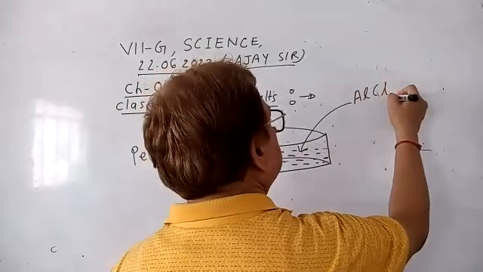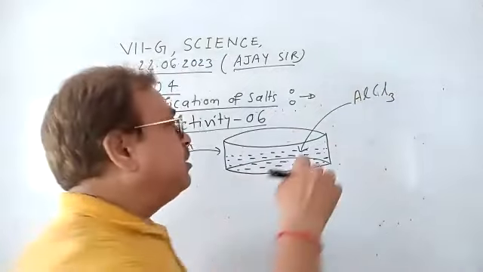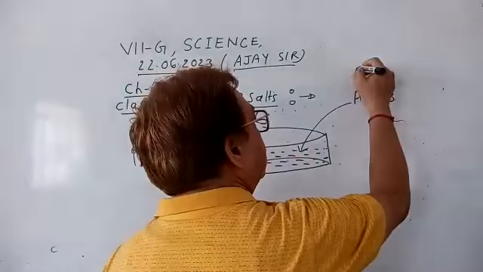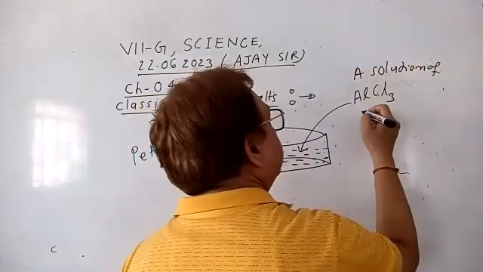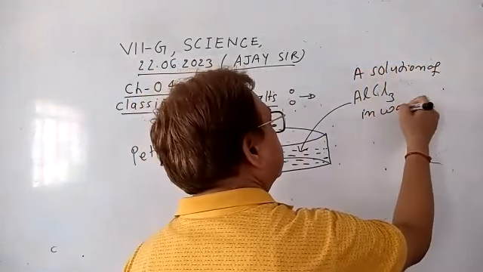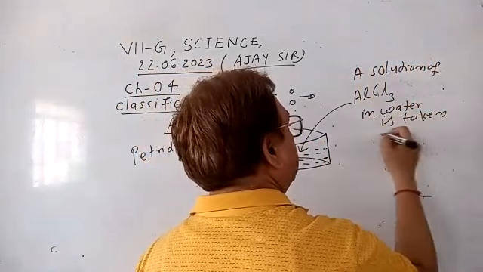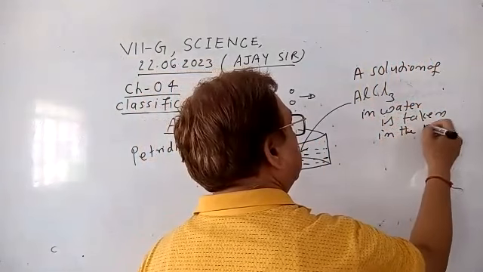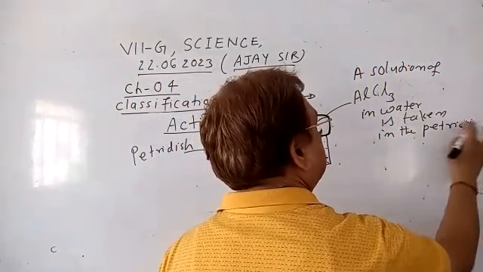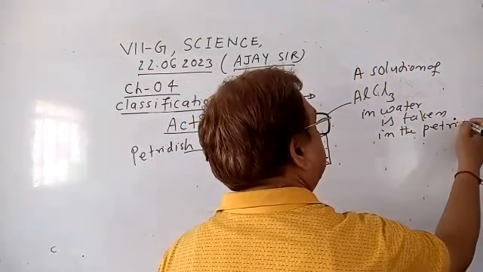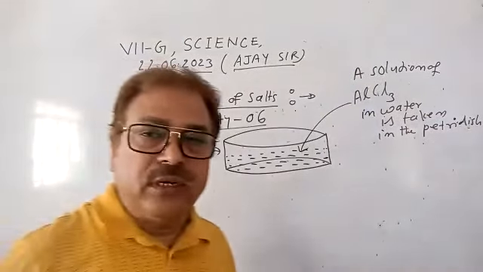Aluminum chloride, AlCl3, a solution of aluminum chloride in water is taken in the petri dish. AlCl3 is put into the petri dish.